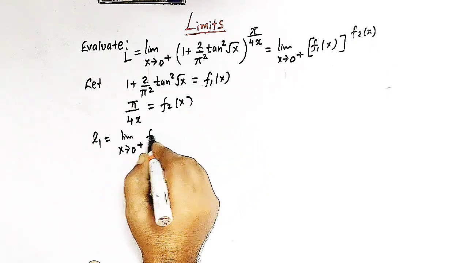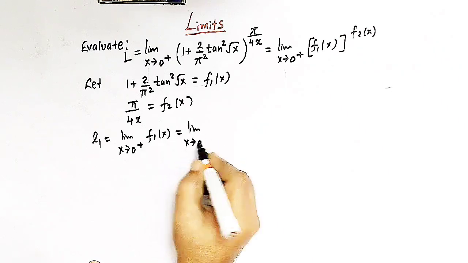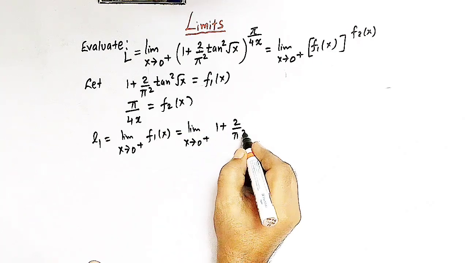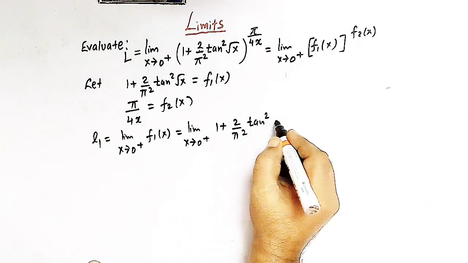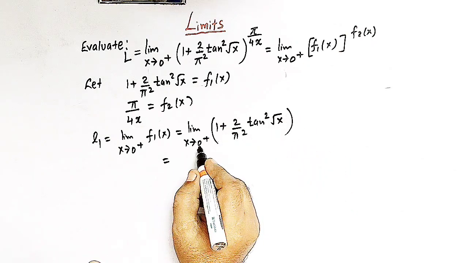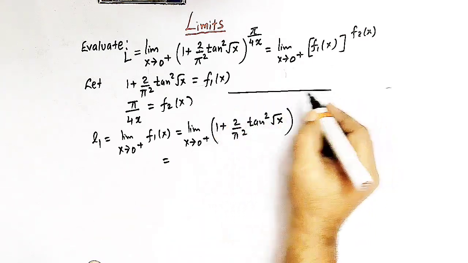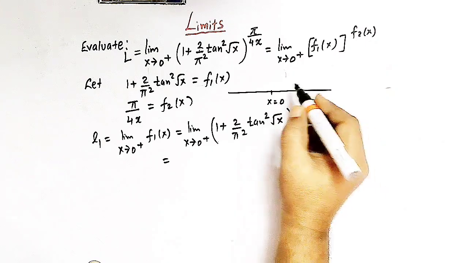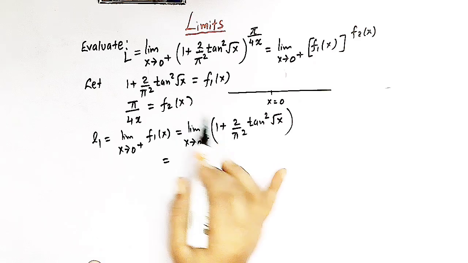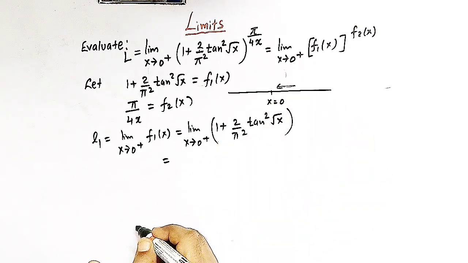Okay, so now let us first find this limit, that is L1, limit x tends to 0 positive of f1(x). So we have limit x tends to 0 of 1 + (2/π²) tan²√x. Now when x tends to 0 from the right, we are approaching from the right of x equal to 0.